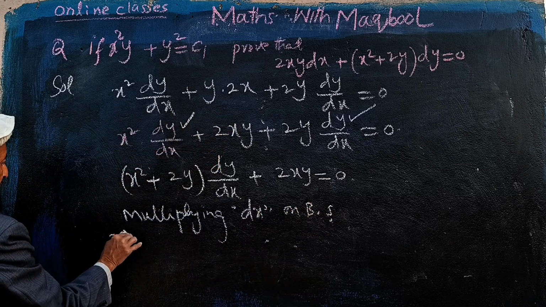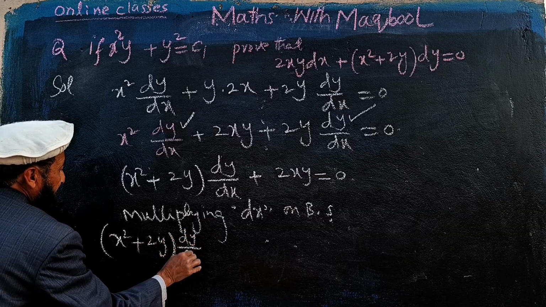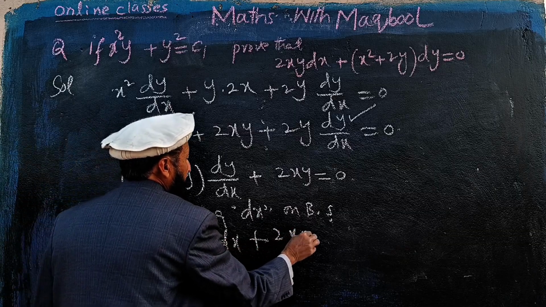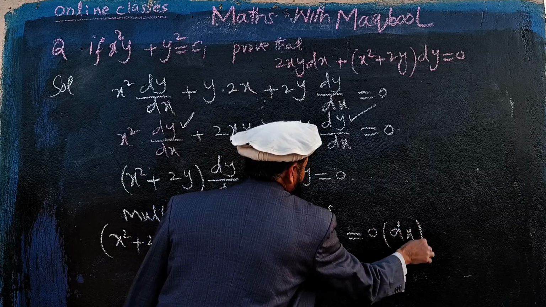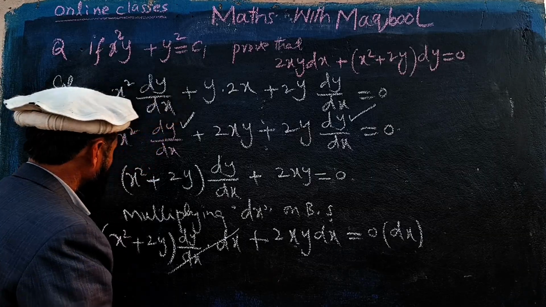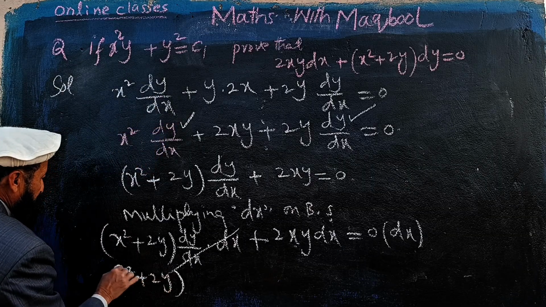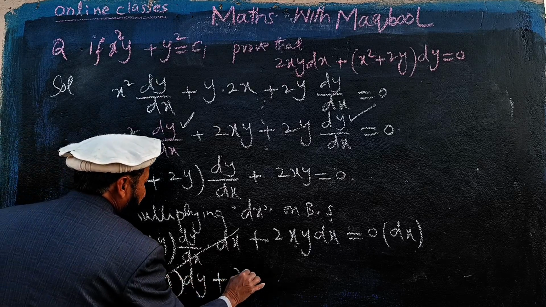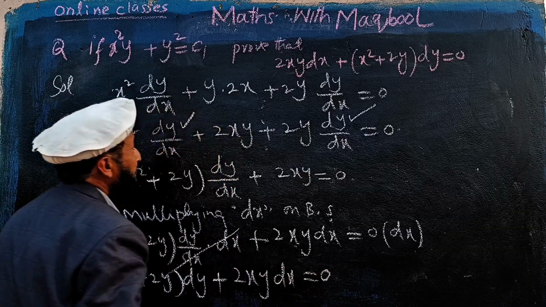So we get x square plus 2y times dy by dx, also multiplied by dx, plus 2xy dx, also multiplied on both sides. This will be cancelled. We write this result as x square plus 2y, and here dy remains, plus 2xy dx is equal to 0.